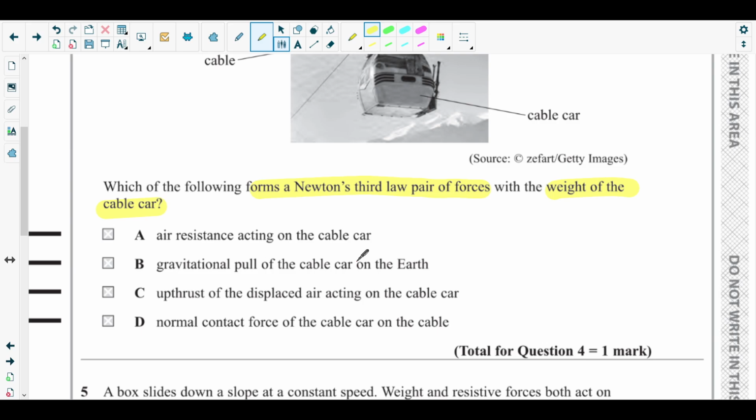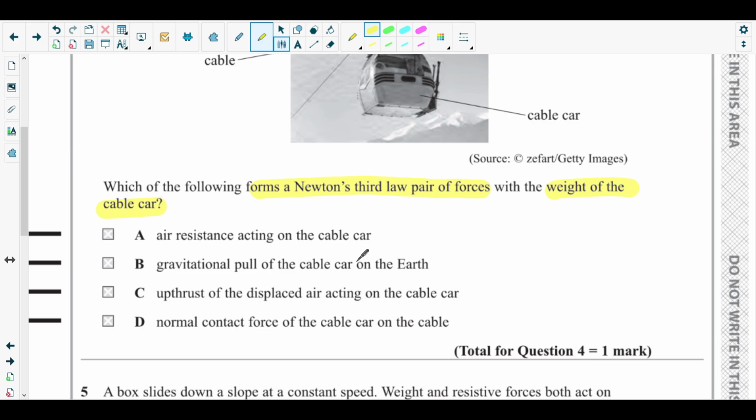But yes, this can happen. Since the earth is very heavy, the effect of this pull from the cable car is very negligible.